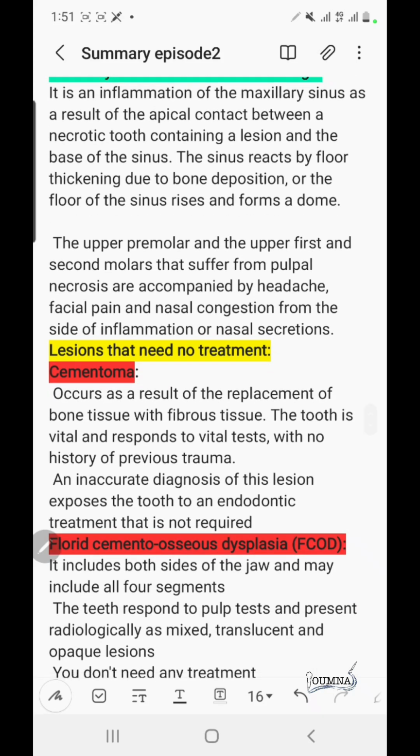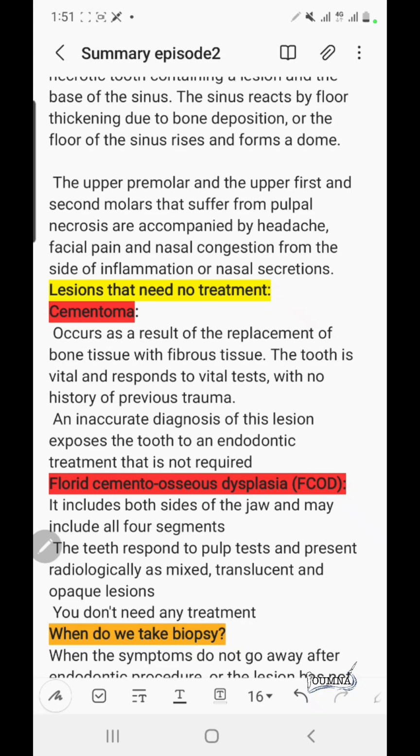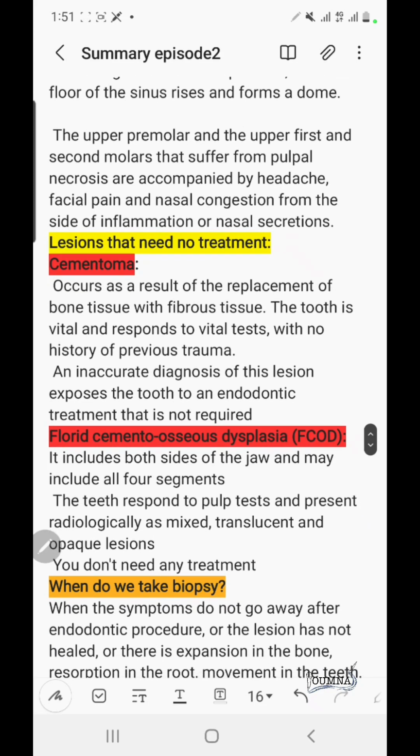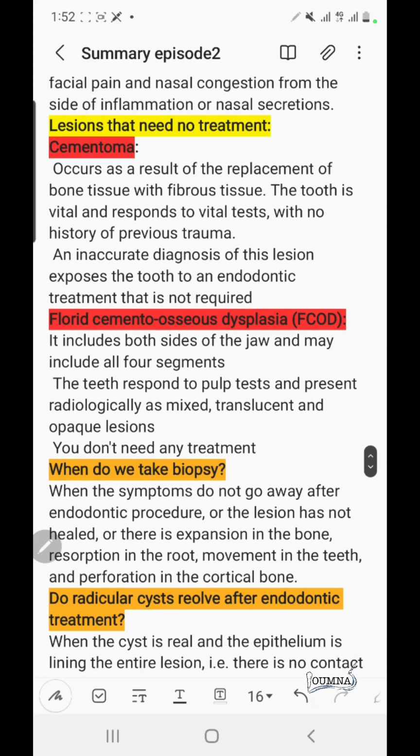The upper premolars and the upper first and second molars that suffer from pulpal necrosis are accompanied by headache, facial pain, and nasal congestion on the side of the inflammation, or some nasal secretions may happen.